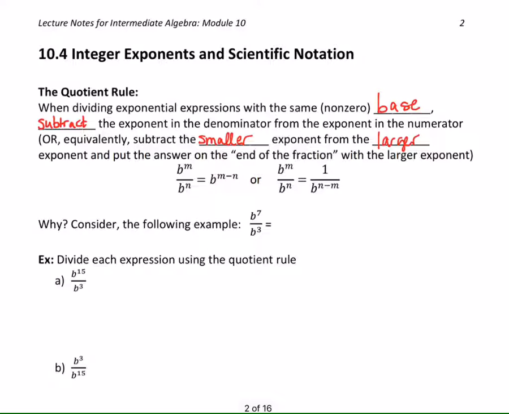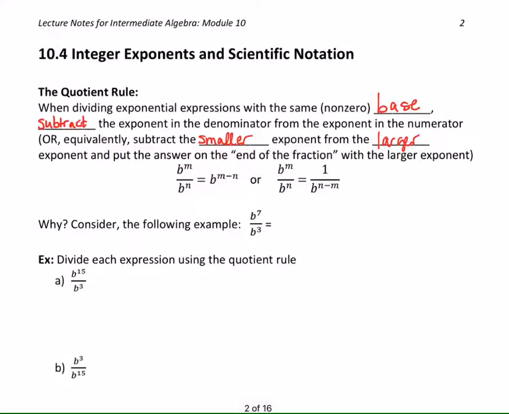If the top one is smaller than the bottom one, then subtracting the top minus the bottom will give you a negative. Okay? We'll talk about negative exponents in a little bit, but it actually gives you a cleaner answer. You don't have to worry about negative exponents if you always take the larger exponent minus the smaller exponent, but leave it on the end of the fraction that has the larger.